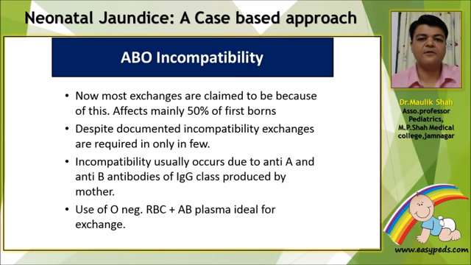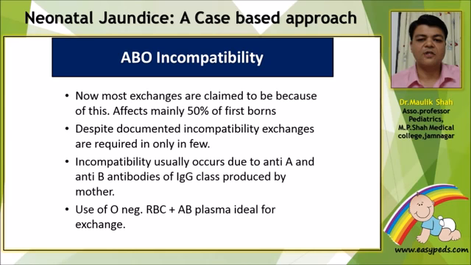Let's have a word on ABO incompatibility. Most of the exchanges which are now required are due to this single reason, ABO incompatibility. It affects 50% of firstborn children. This is in absolute contrast to Rh isoimmunization, where the firstborn sibling is usually spared.